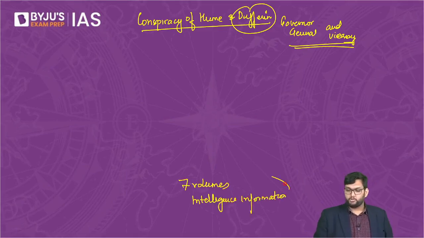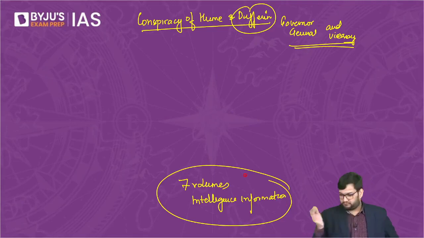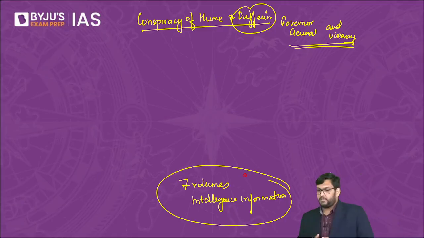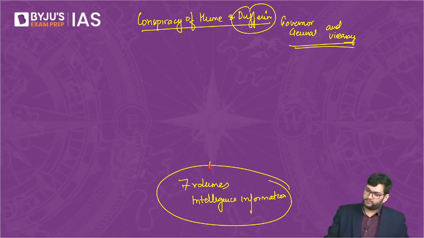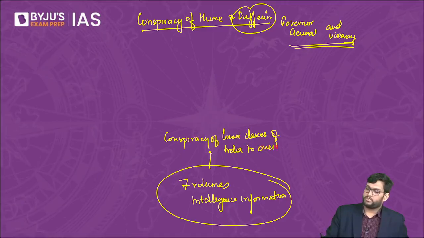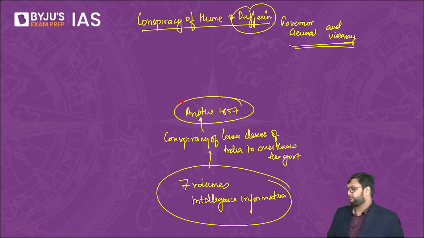A.O. Hume very dramatically reads these 7 volumes quickly, and the conclusion he comes to is that there is a conspiracy of the lower classes of India to overthrow the government. Basically, another 1857 was going to happen.